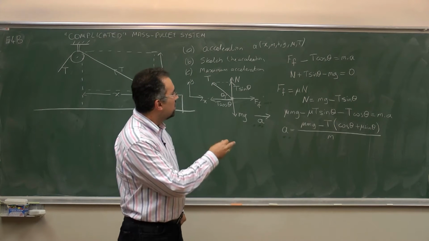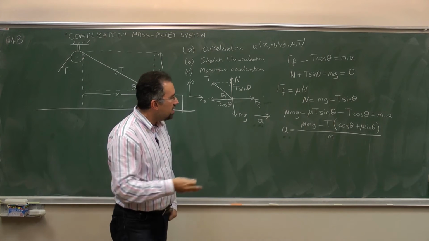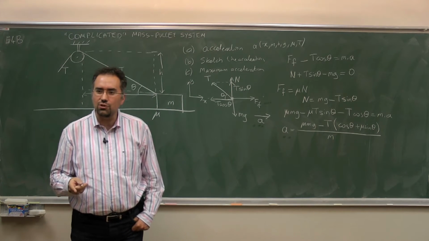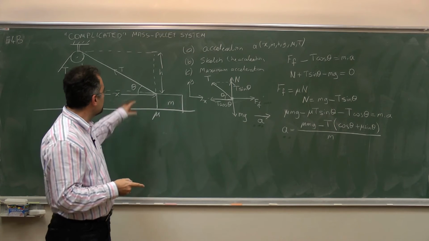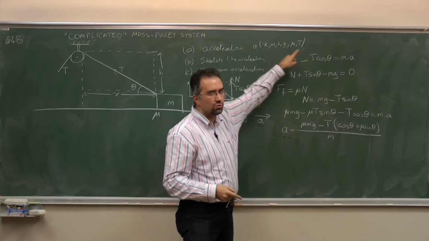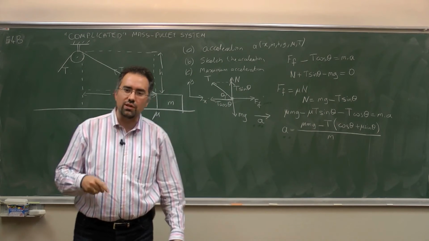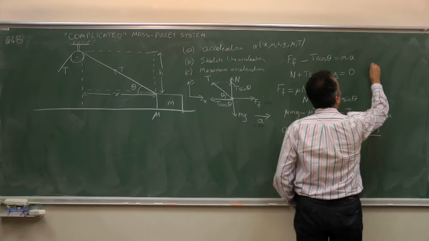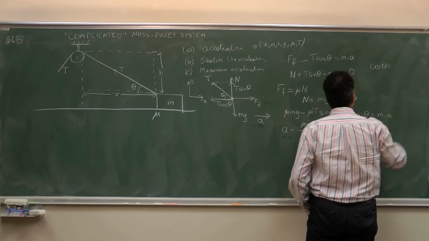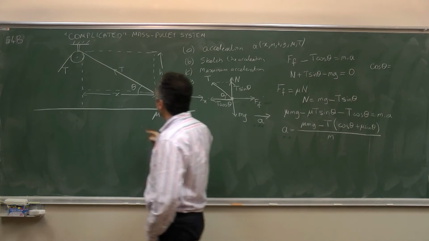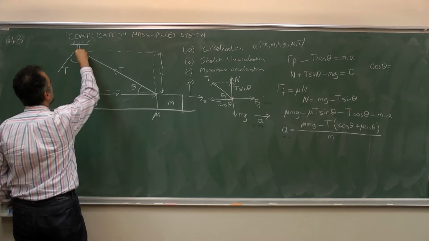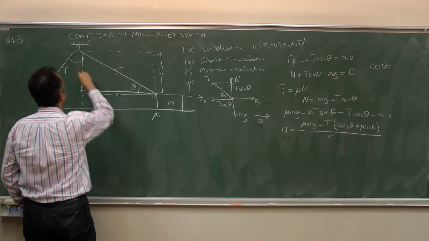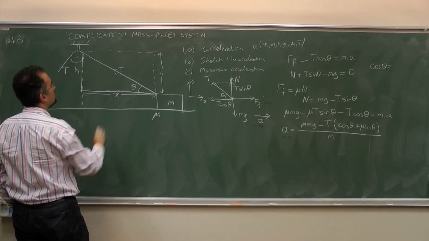However, does this solve part A? Not quite, because I have introduced theta on my own in addition to these. So I have to say what cosine theta and sine theta are. Cosine theta is from this triangle, this is h, this is x.